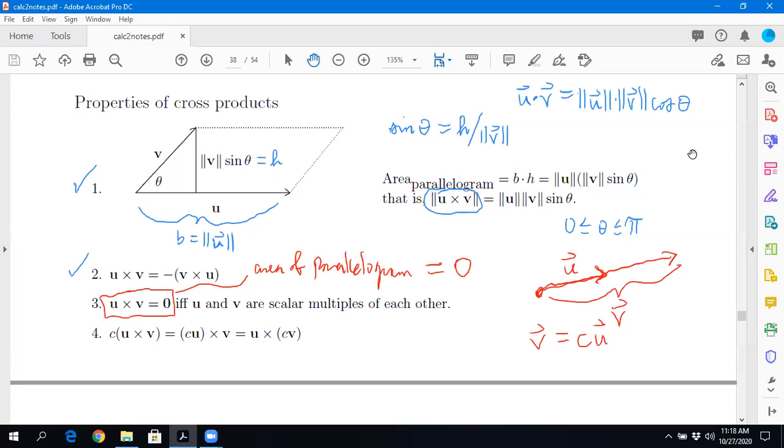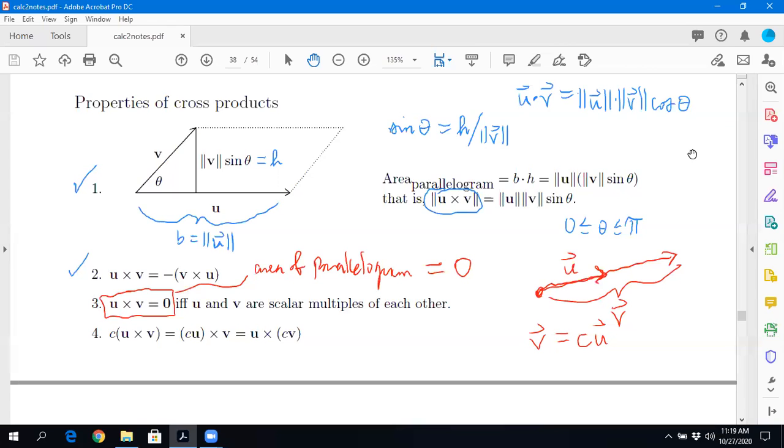So if the cross product is the 0 vector, that means that U and V are actually parallel to each other. Hey, that's interesting. What did the dot product tell us if it was 0? If the dot product of two vectors was 0, what did that tell us? Perpendicular. What does the cross product being 0 mean? The vectors are parallel. They're scalar multiples of each other, and therefore they're parallel.